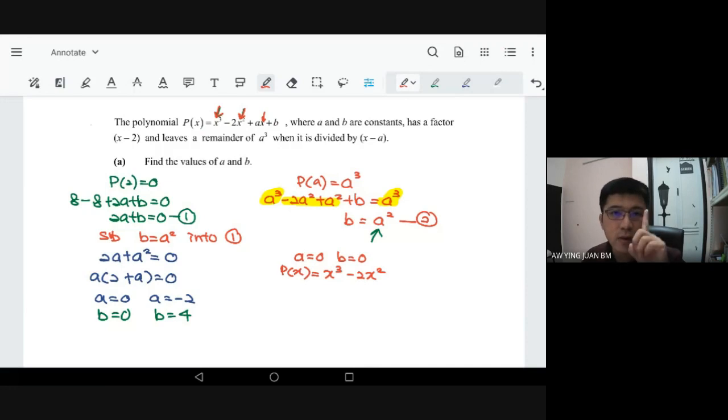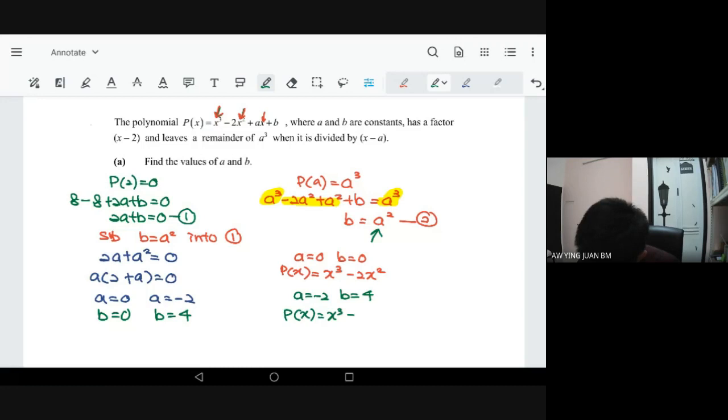That is the answer for the first case. If a equals negative 2, b equals 4, so p(x) equals x to the power of 3 minus 2x squared minus 2x plus 4. So that is the answer for part A.